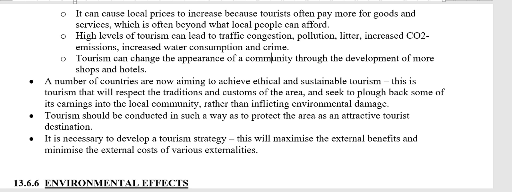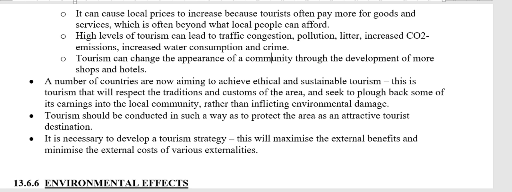Okay. High levels of tourism can also lead to traffic congestion. More people, more cars on the roads, more pollution, more litter, more CO2 emissions because we transport them around, more water consumption, more crime, okay, because our local people are also involved in crime when it comes to the tourists. Tourists get robbed. People know that the tourists are walking around with fancy cameras and fancy phones or whatever, so they are a target.